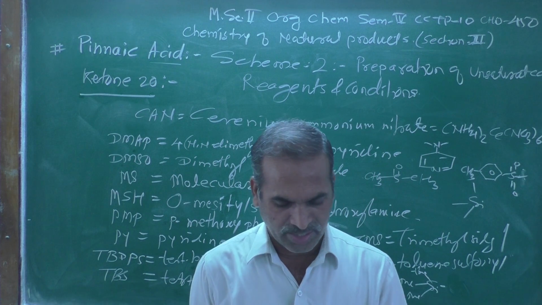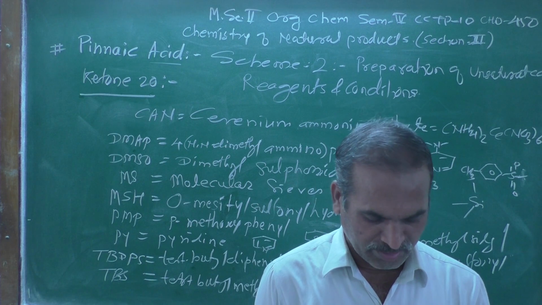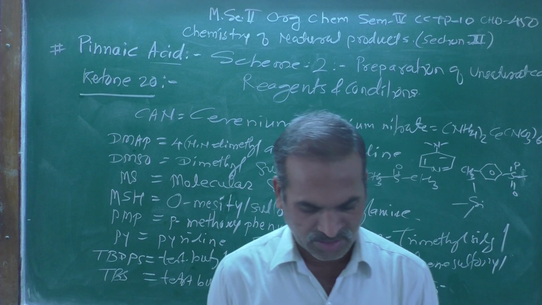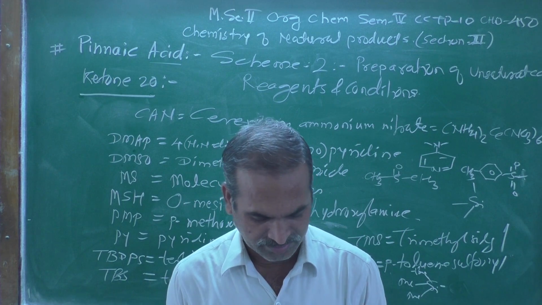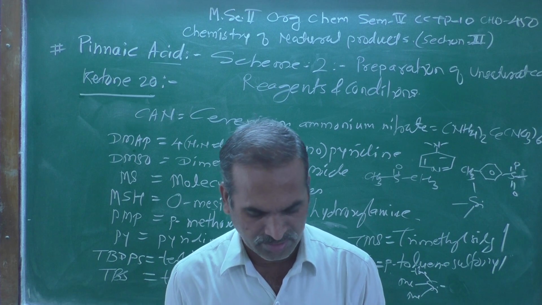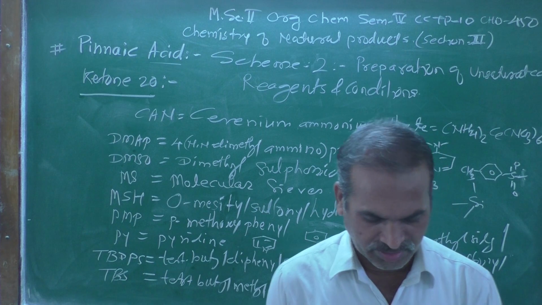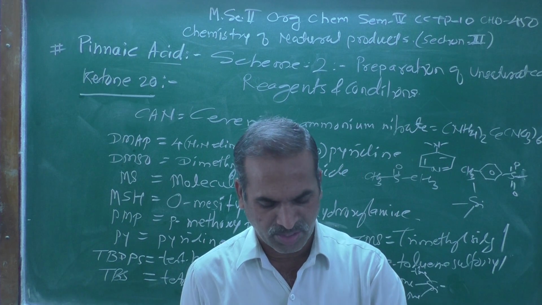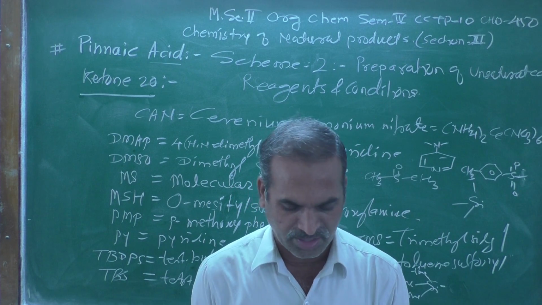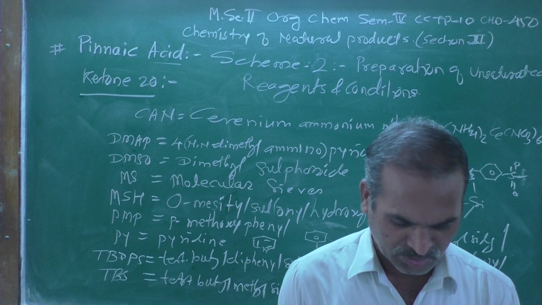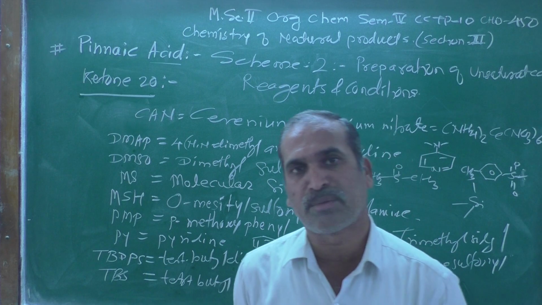A regioselective Beckmann rearrangement using a bulky hydroxylamine reagent, that is MSH, afforded the desired lactone 14 in 43% yield, quantitative yield based on the recovered starting material.